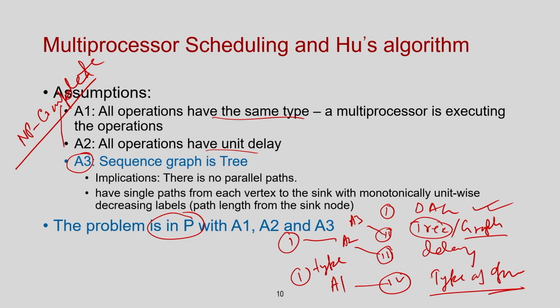So, I have an efficient algorithm with complexity n to the power k, where k is some constant. This is very important. When we assume these 3, A1, A2 and A3, the problem becomes P and I have an exact solution in polynomial time.